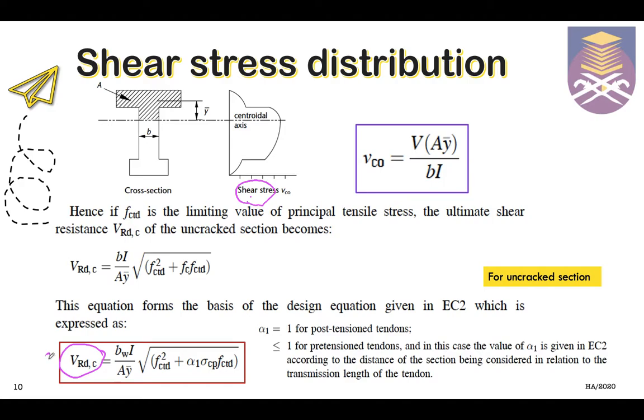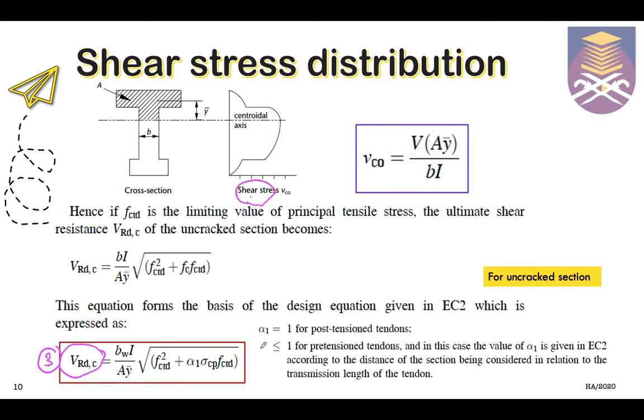This third equation is considering the special case. In this equation we have BW, we have I, then we have Y bar, so Y bar is the distance between our section and the centroid.